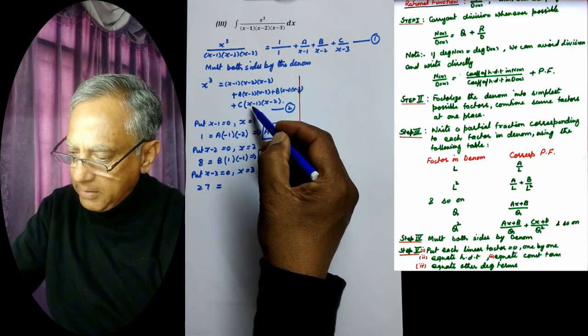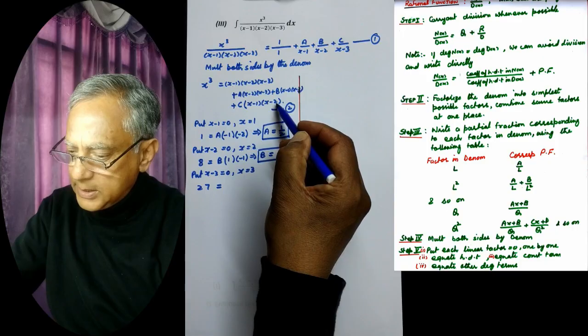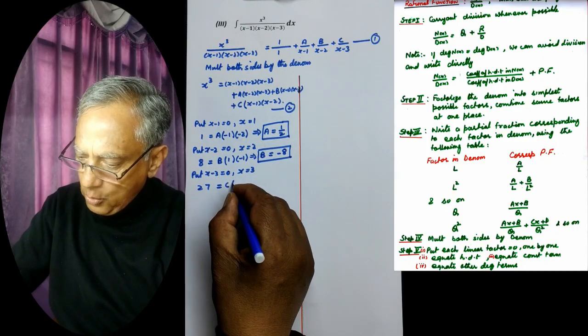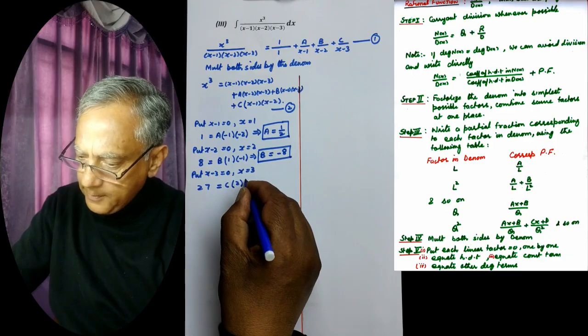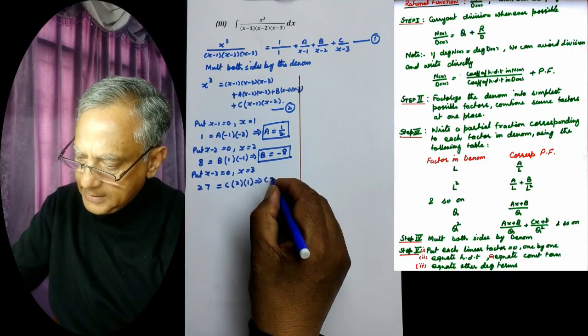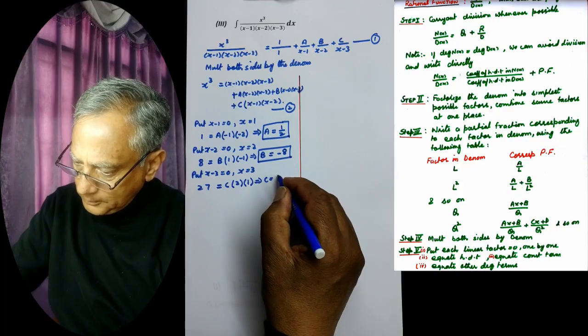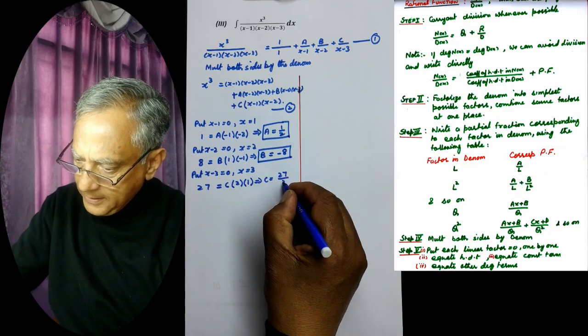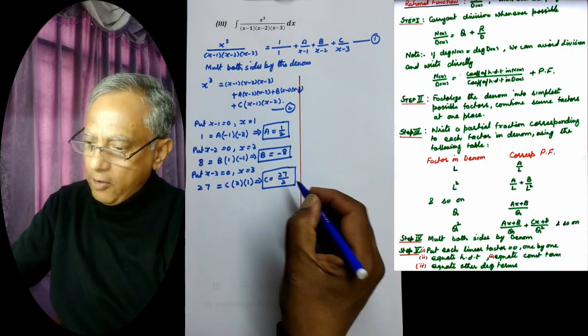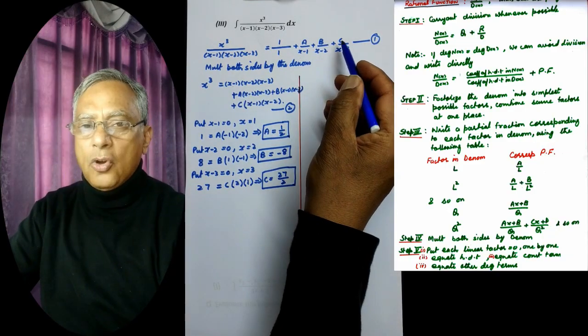C into 3 minus 1, 2, 3 minus 2 is 1. So we will get C into 2 into 1. So this implies C is equal to 27 by 2. So we have found all the three constants.